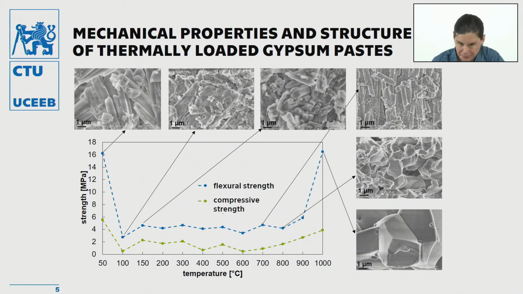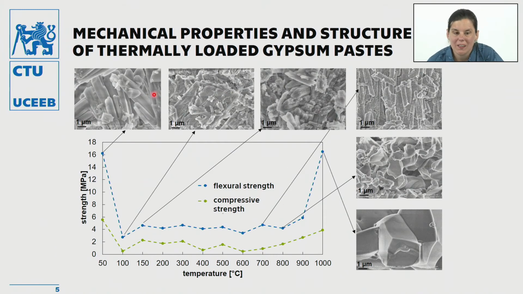You can see the graph of the changes of the strength of gypsum pastes. You can see that when the gypsum material is thermally treated to certain temperatures from 50 degrees to 1000 degrees, now between 50 and 100 degrees, there is a significant decrease of the quality of the mechanical properties, and it actually continues until up to 900 degrees.